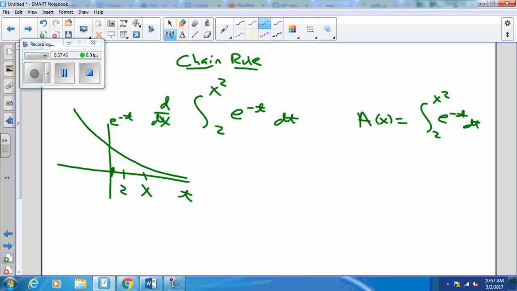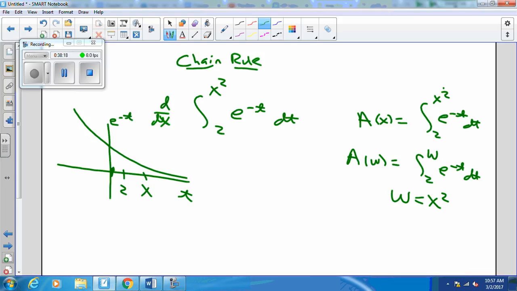Okay, so I've got this area function, but it is ultimately a function of x squared, right? How am I going to deal with that? I'm going to deal with that by doing chain rule. Let me show you in slow motion, and I'll come back and do it quickly. I can pull off a substitution. I can say that A of w is the integral from 2 to w, there's my standard form, and w is x squared.